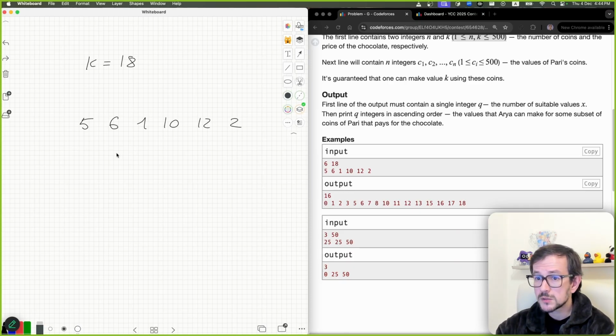Let's pick some numbers. 11, not too much. Okay, let's say 5, 6, 10 and 2, for example. Let's say I pick these 4 numbers, so the sum equals 18. Okay.